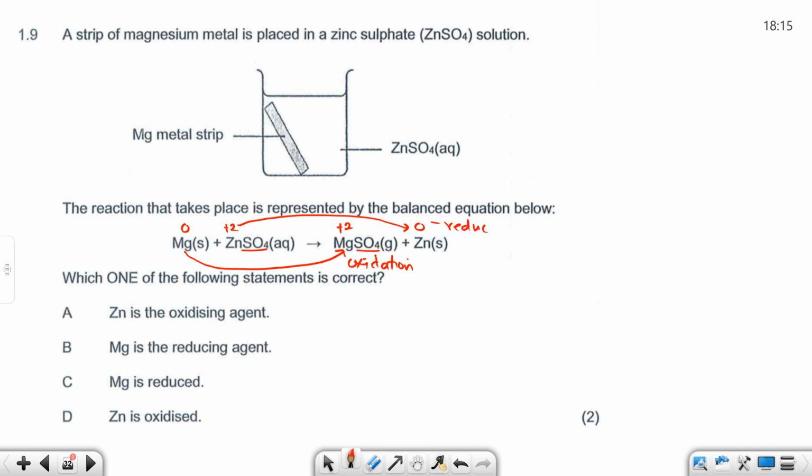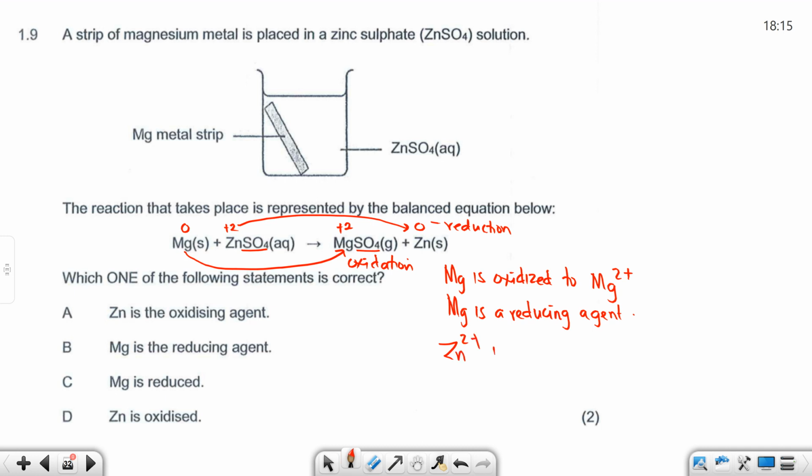We call it what? Reduction. Why? There is a decrease. So let me quickly help you with something. Mg is oxidized to Mg2 plus. It means Mg is a reducing what? Agent. It's always the opposite.